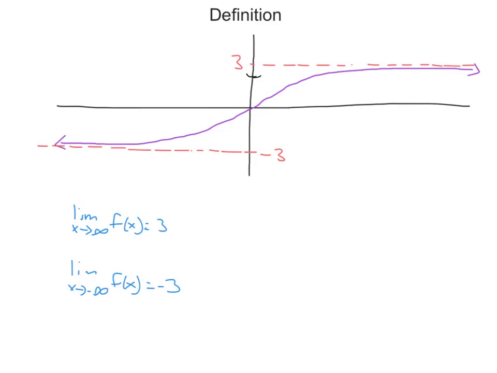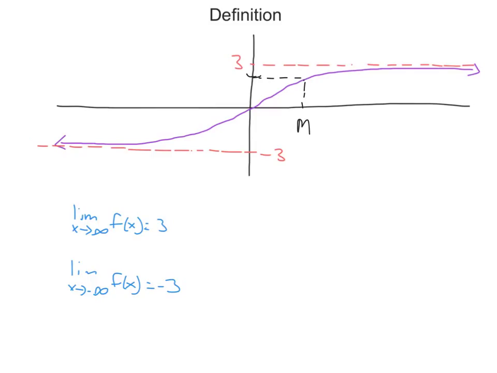And that little bit, they use the Greek letter epsilon. And what happens is that we can go across, hit the curve, and come down. And we can call that number m.